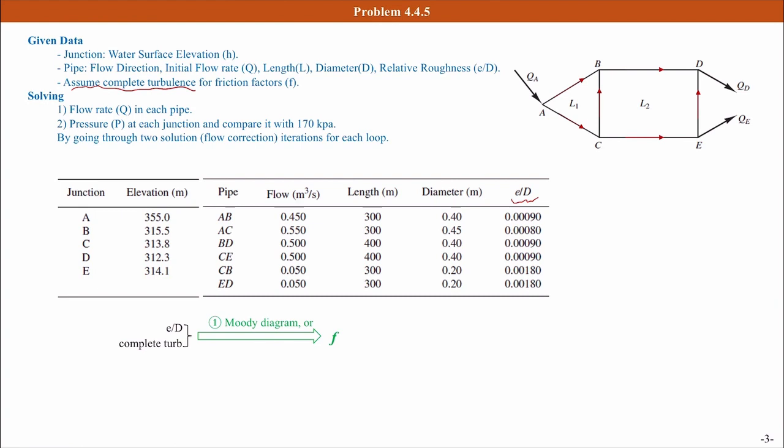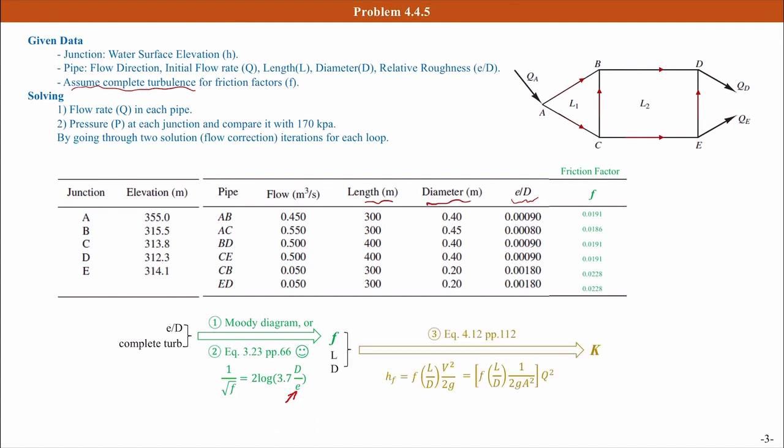But in this problem, we want to apply another method, which is to calculate the friction factor by applying equation 3.23. After we bring this value back to this equation, we can get the value of the friction factor, and we add this data into the table. Combining the friction factor with the length and the diameter, we can then calculate the coefficient K.